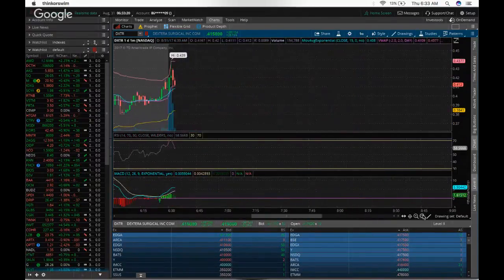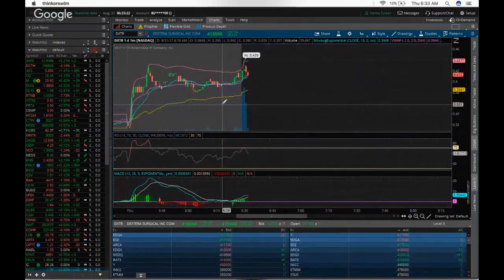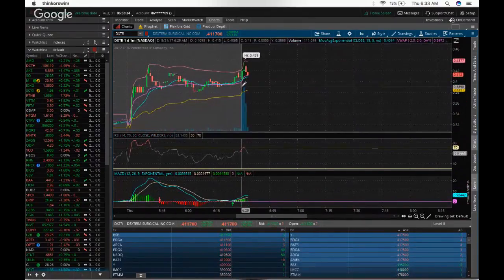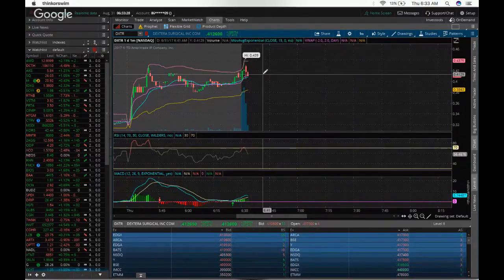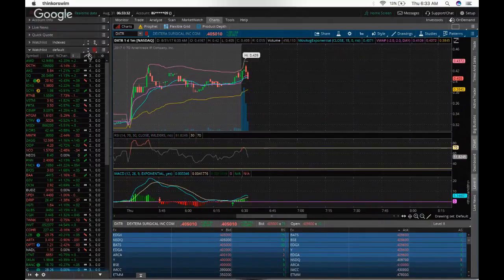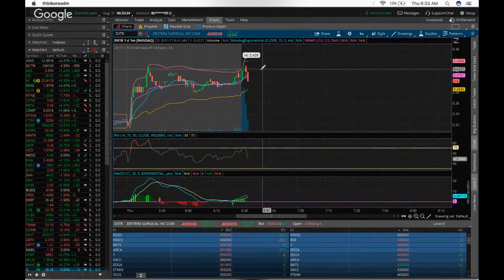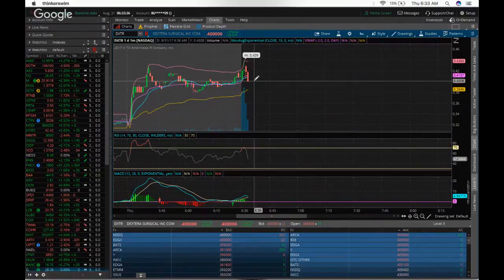It's still holding. Looks like it's kind of peeking out. Let's see. It's still trending up. AMD is about to break 13 cents. Boom. And if this thing drops below, nope, there it goes. Broke the trend, heading back down.